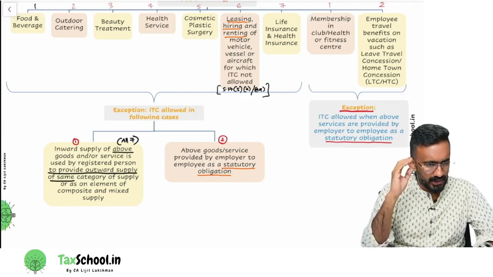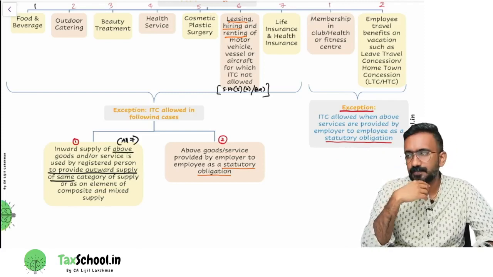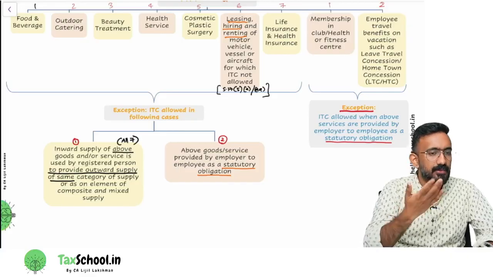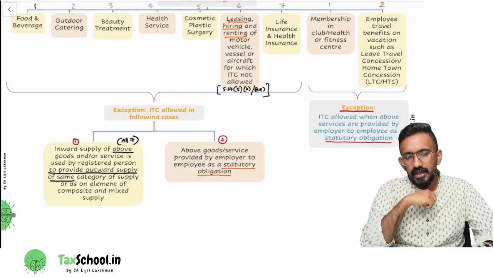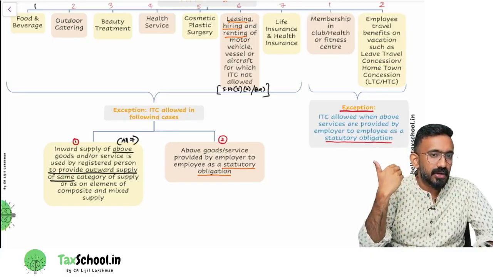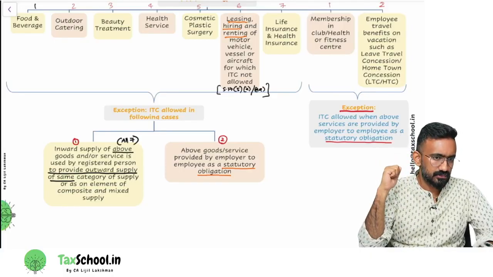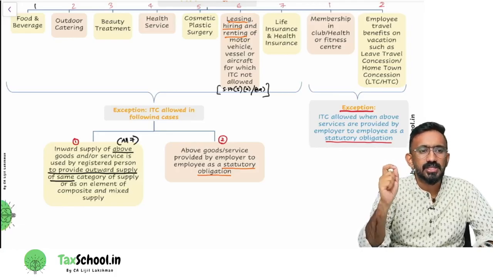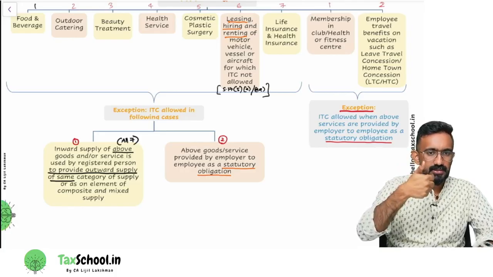Just to get your understanding correct, just to see whether you're catching up the whole thing. Say, I'm coming for classes, and the academy where I'm taking classes has booked me my flight ticket. Can the academy take the input tax credit on GST paid on the flight ticket? Yes or no?